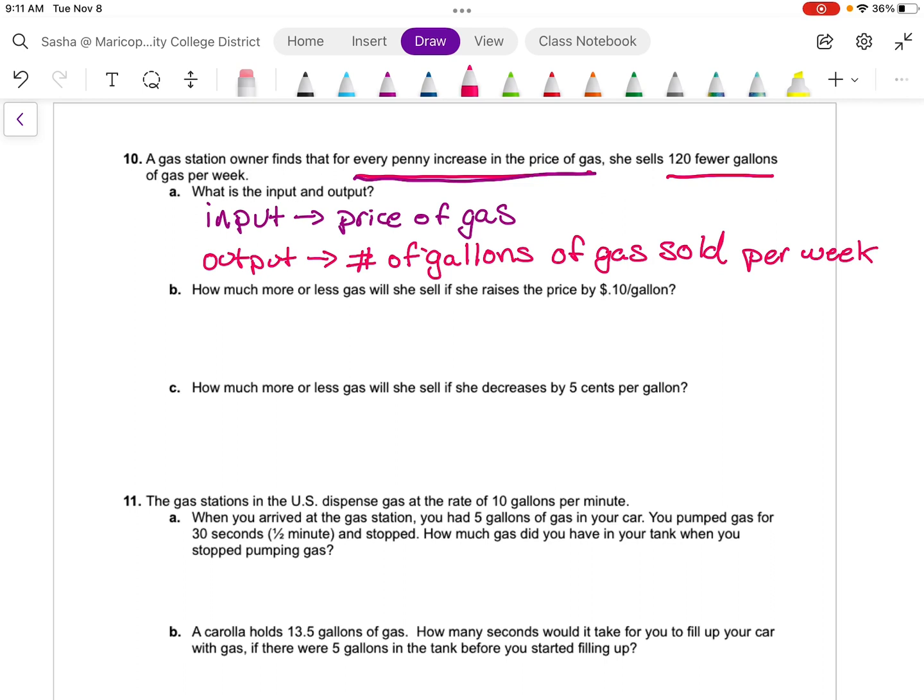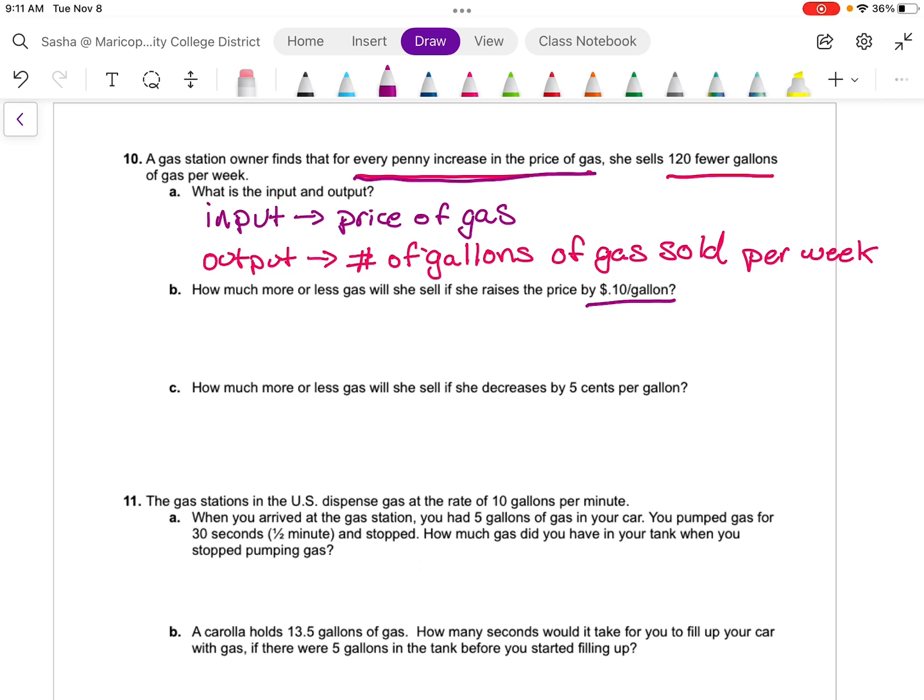Now, this is a proportional relationship. Given this 1 cent increase, I know that my output is going to go down 120. So if I'm told that she's raising the prices by 10 cents, that basically means I am dropping the number of gallons I sold 120 gallons 10 times because there's 10 cents.